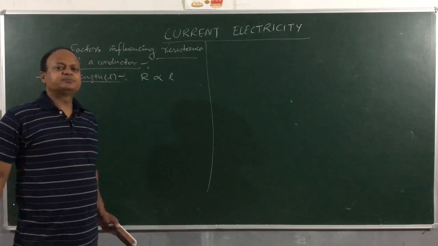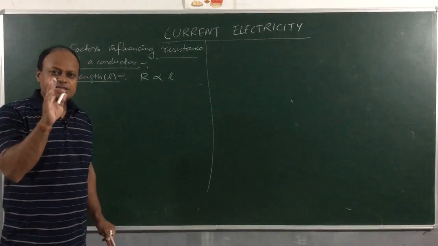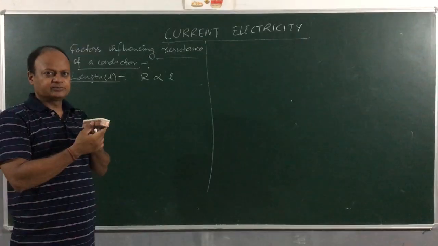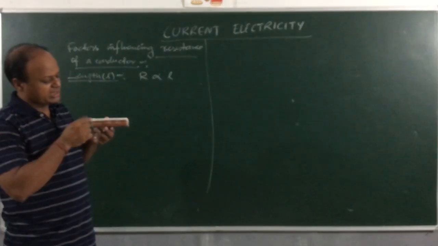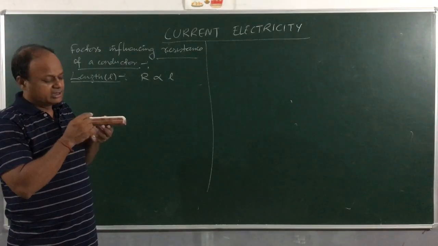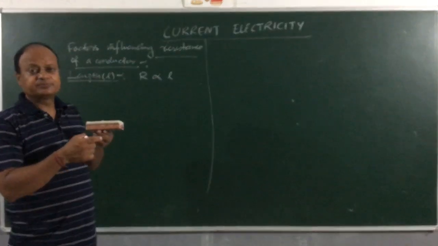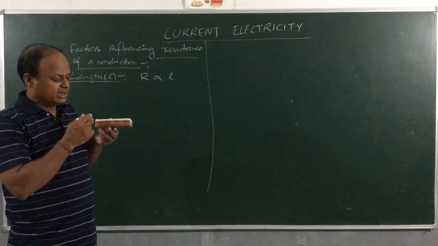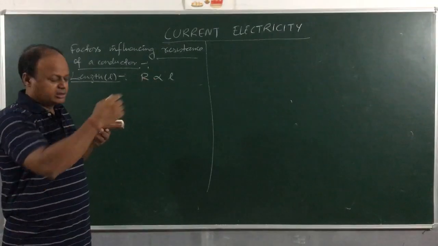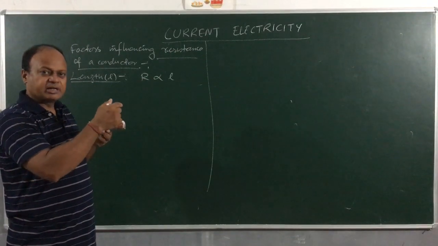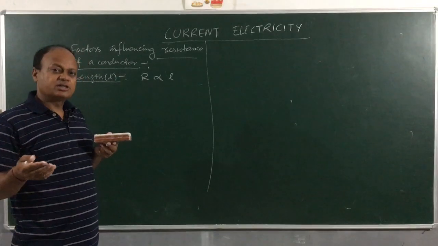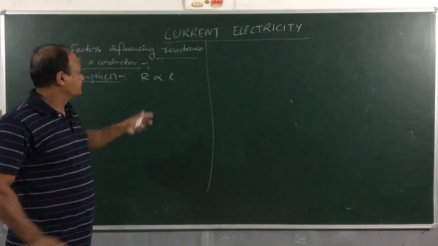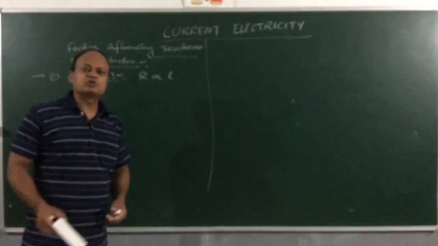Always bear in mind, resistance is offered when you have drift velocity. We discussed that as electrons are travelling through a conductor, they keep on colliding. If the length of the conductor is long, there will be more collisions as electrons travel through the conductor, and this will increase the resistance. Very simple. So resistance is directly proportional to length.